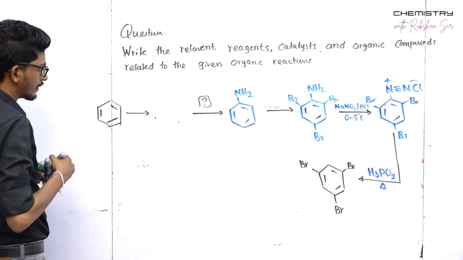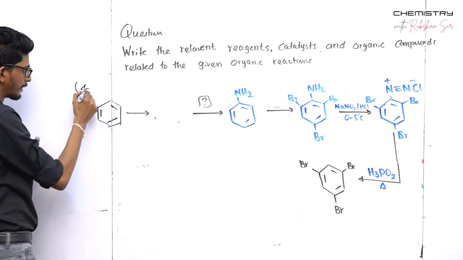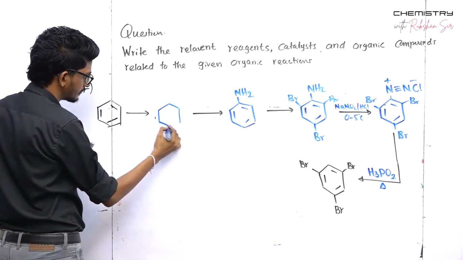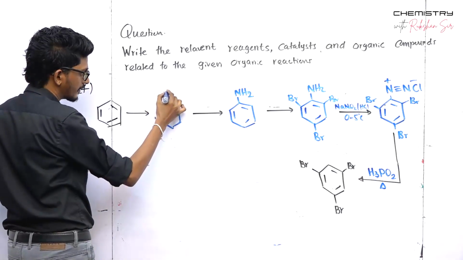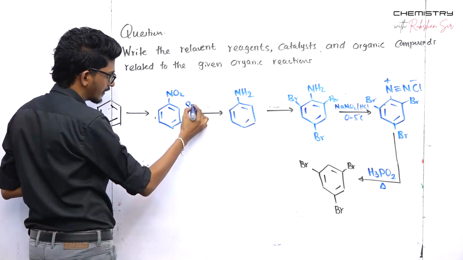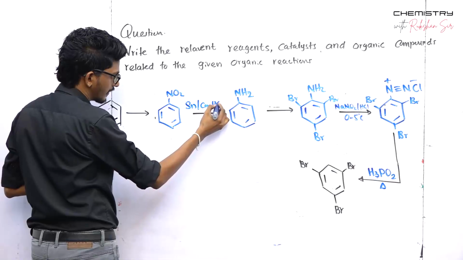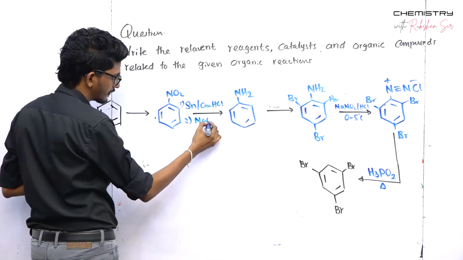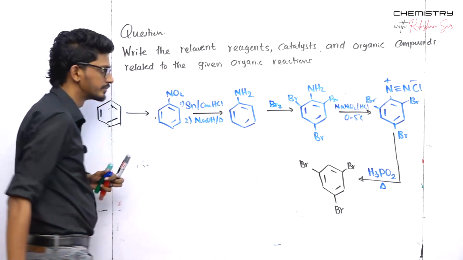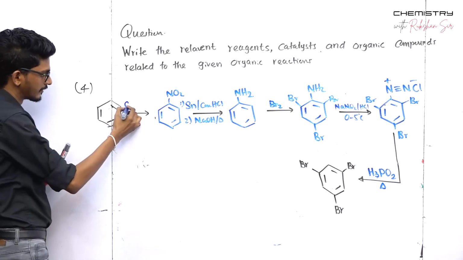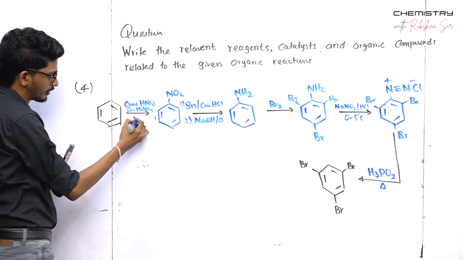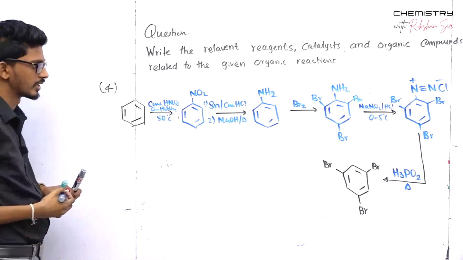So that can be produced from NO2 by adding tin, HCl and NaOH and heat, and this can be done by just adding Br2, and this can be done by conc HNO3 and H2SO4 at 50 Celsius.